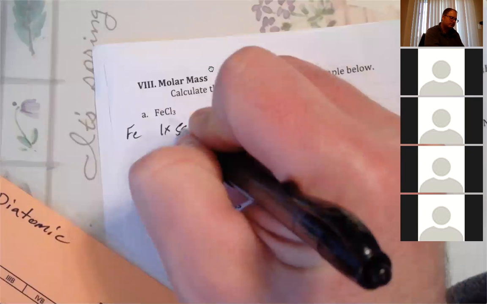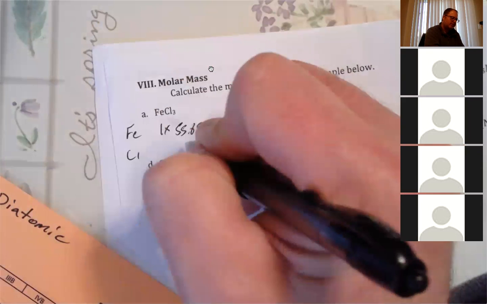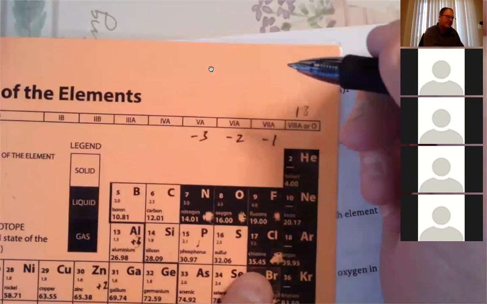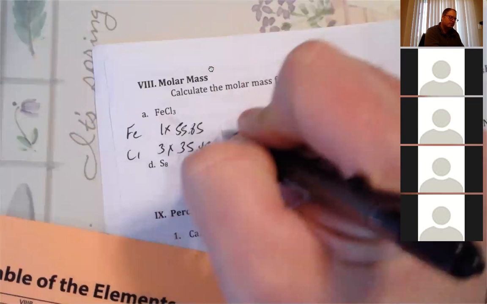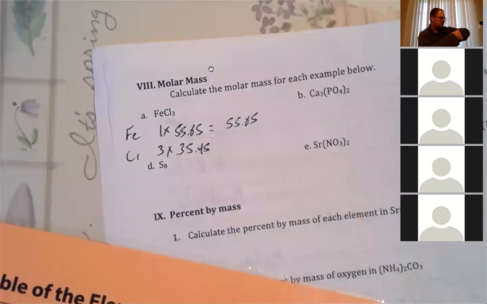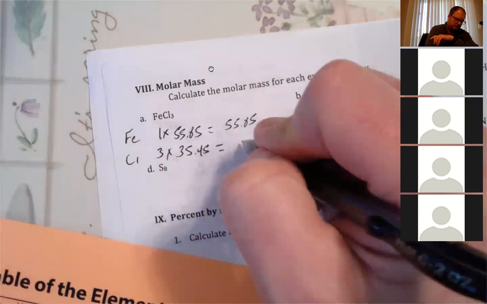For chlorine, we take 3 times 35.45. Three times 35.45. The answer is 106.35.